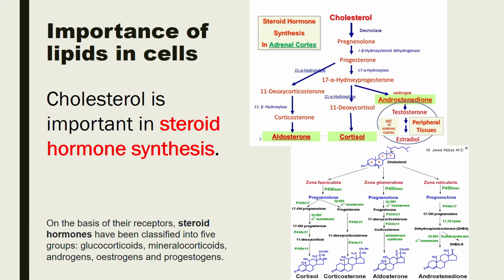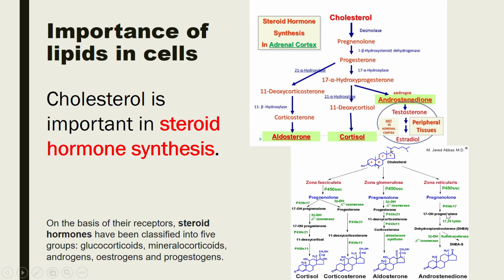Next is cholesterol. It is important in steroid hormone synthesis. On the basis of their receptors, steroid hormones have been classified into 5 groups, which you can see listed over here. Not to worry, not to be burdened by all these chemical names.